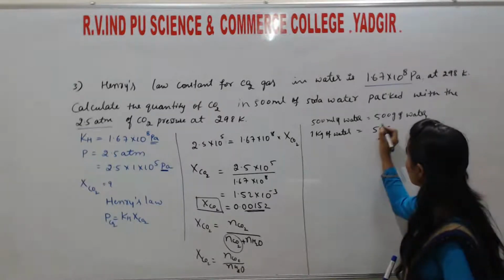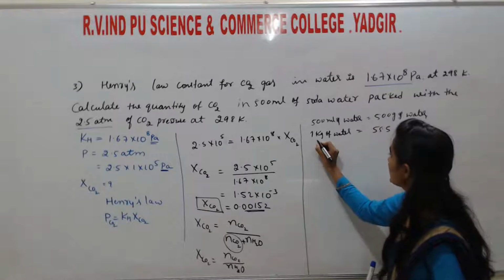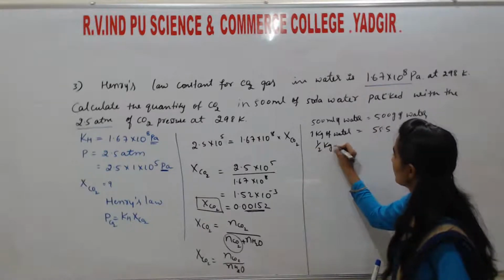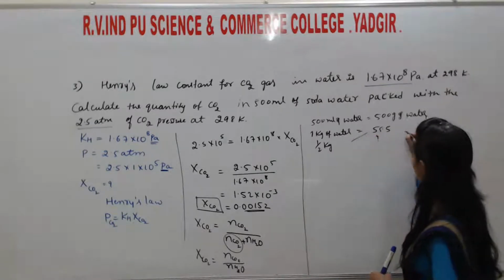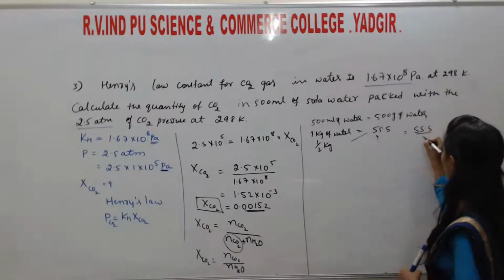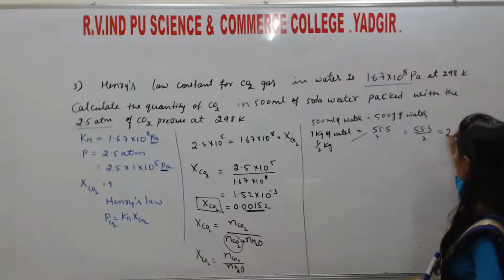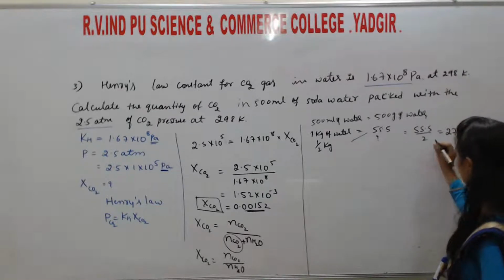In 500 gram, that is half kg, if you multiply, 55.5 divided by 2, that is 27.75.